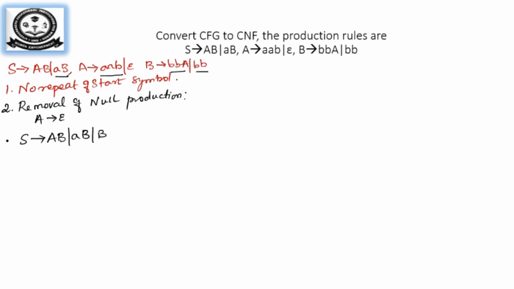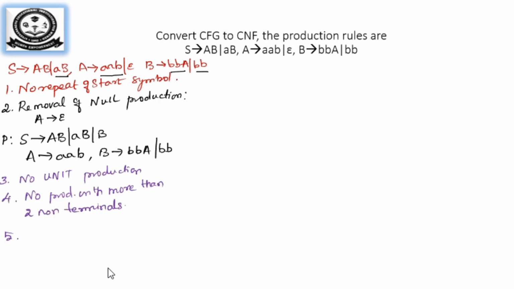So your production rule will be S tends to AB, AB and B, and A will be A, B. So epsilon is removed. And finally you will have B tends to BBA or BB. So that's the rule after removal of epsilon.